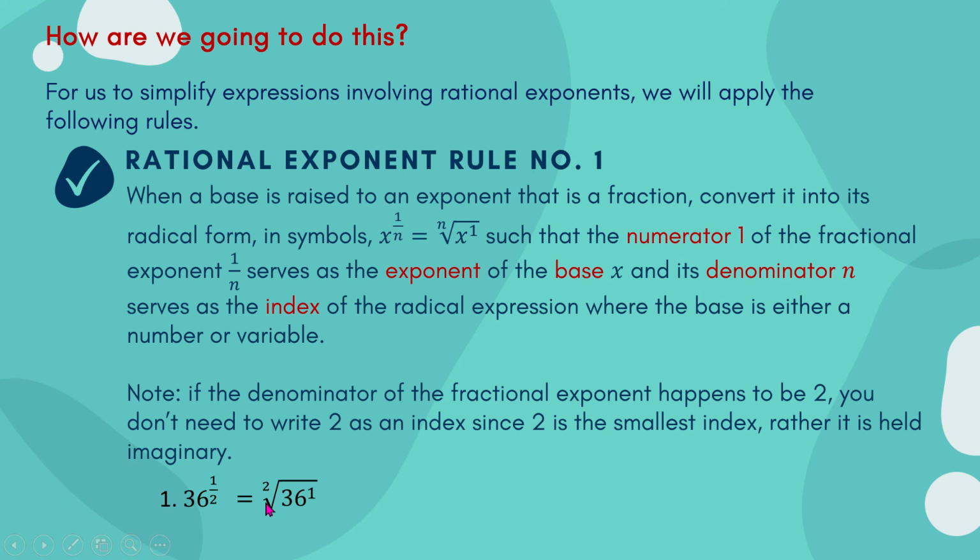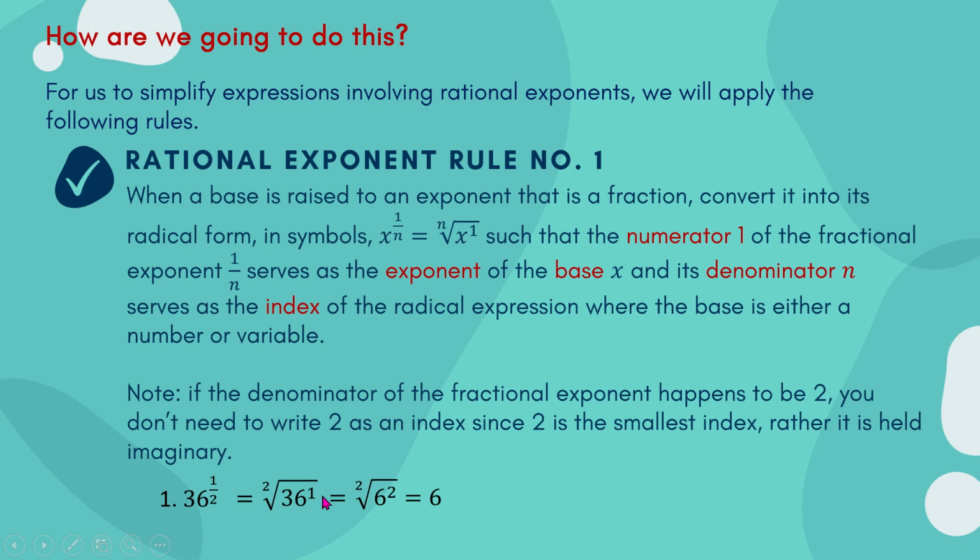But when we rewrite it into its radical form, we need a radical symbol. So, the base is 36, then the numerator 1 becomes the exponent of the base 36, while the denominator 2 becomes the index. Or, it can be rewritten, if we simplify, it is read as square root of 36.